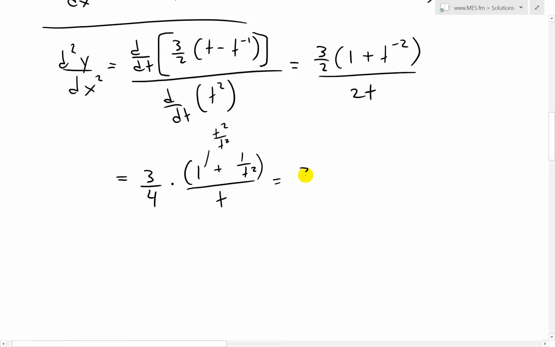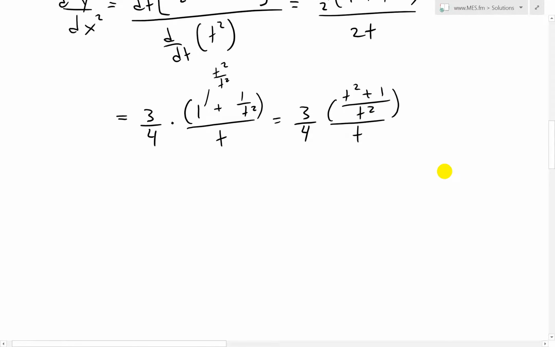This equals 3 over 4, and then we have this t here, so this becomes t squared plus 1 over t squared.